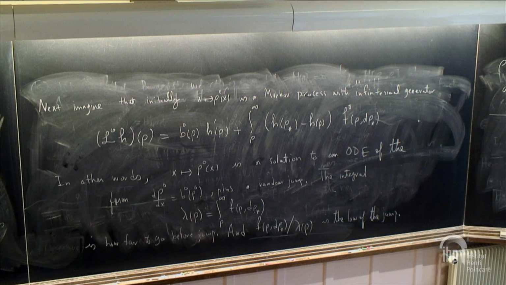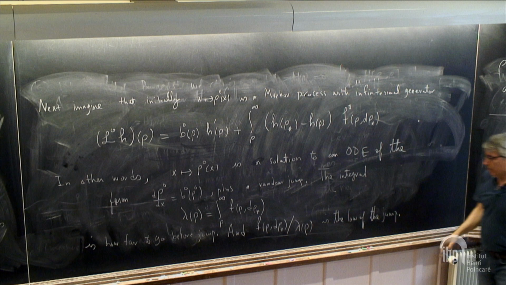I may solve it only for positive x's, provided I tell you what's happening at position x equals 0. So basically, I do some ODE here with, say, B0 negative or non-positive. But then I decide to make a jump. This jump would be random. That would be my rho plus.